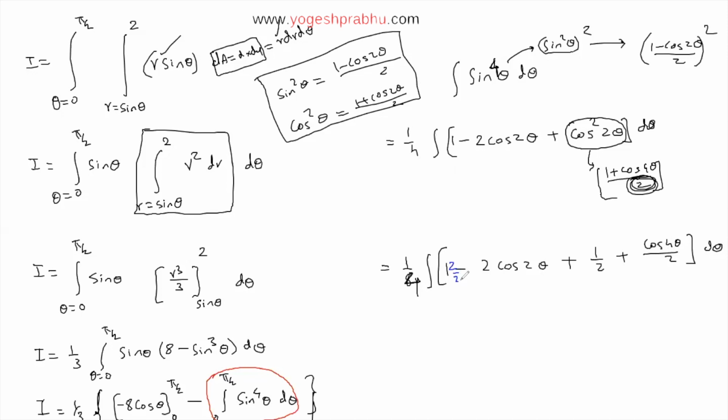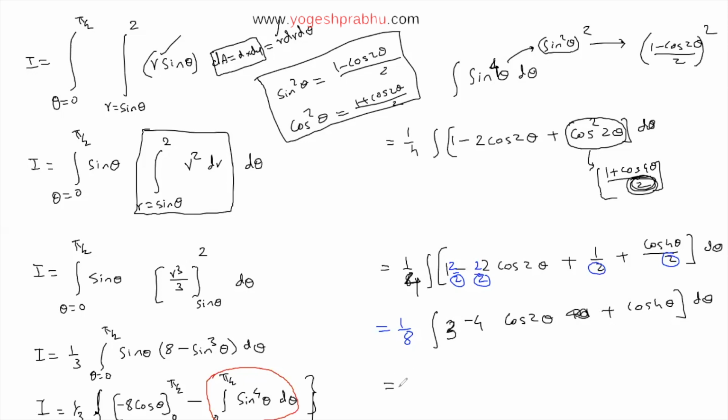I can write 2 over 2, 2 over 2, so that I can take 2 out from every term. So this becomes 1 over 8. And then what remains inside? 2 cos 2 theta plus 1 plus cos 4 theta. So this is 2 and this is 1. So it will become 3.